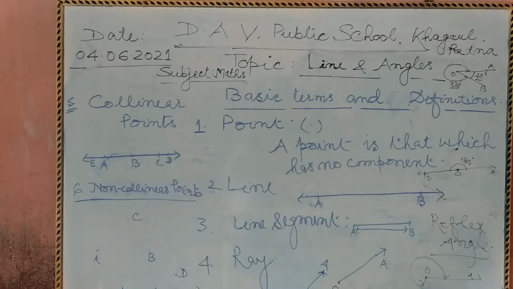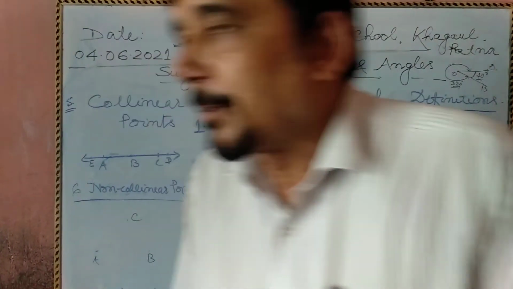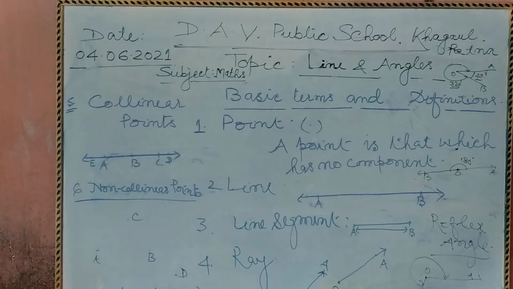Okay. Now ray. You are looking at the shape of a ray. It is also part of a line in which one has an endpoint and the other has no endpoint. The other point of these sides can be extended, and one point is fixed. The ray is also a part of a line which has one endpoint, and the other side has no endpoint.